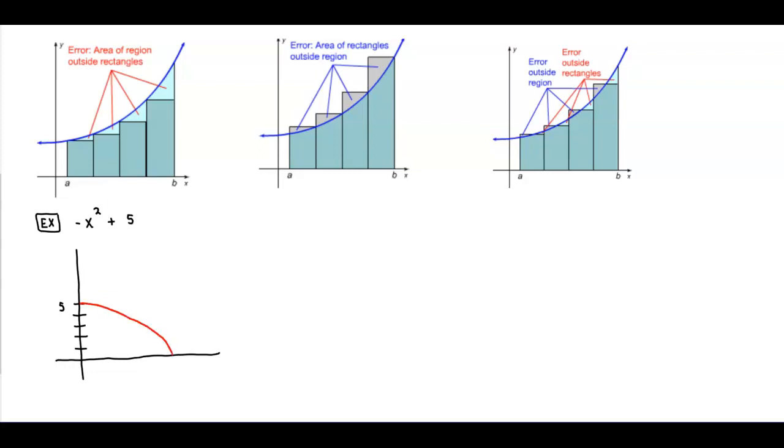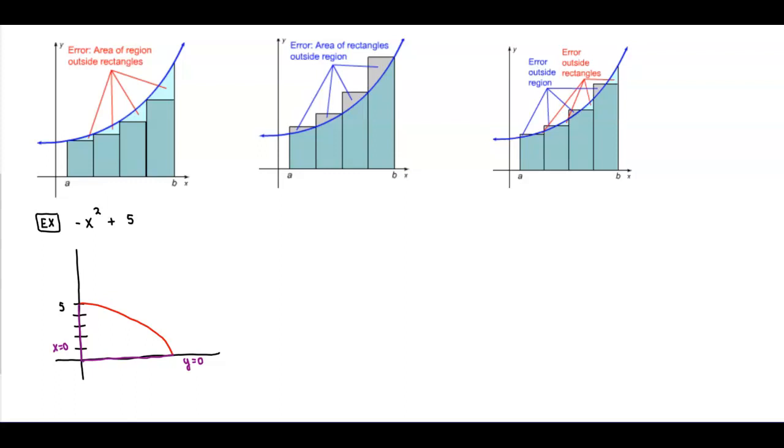Okay, so let's say that's the parabola. And then we're going to say that it's bounded by the vertical line at x equals 0, and it's also bounded by the line y equals 0. We want to find the area that's inside of this graph.